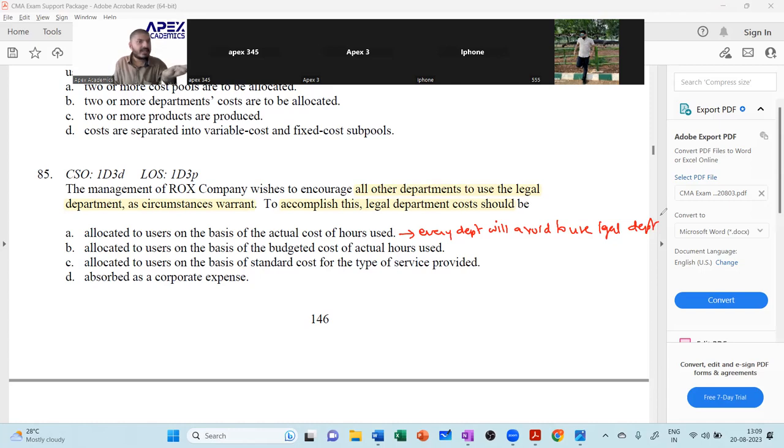If you start allocating the cost of the legal department to each department using its services, then each department will become stingy, miserly, and will not use the legal department. The company wants to encourage all the other departments to use the legal department. Means what? Legal is adding value, must be used by all.